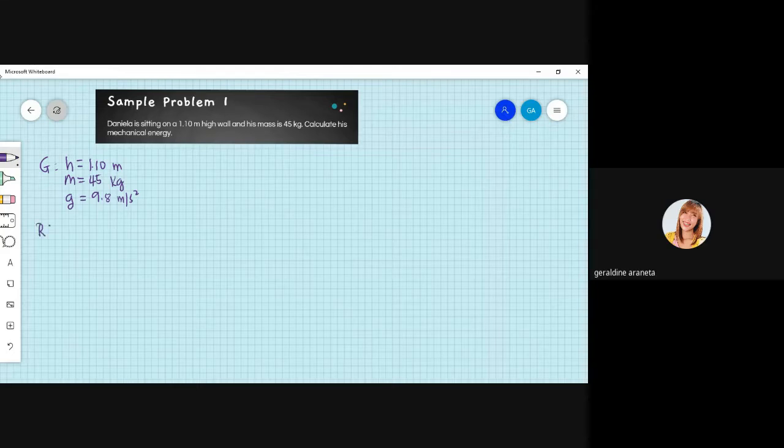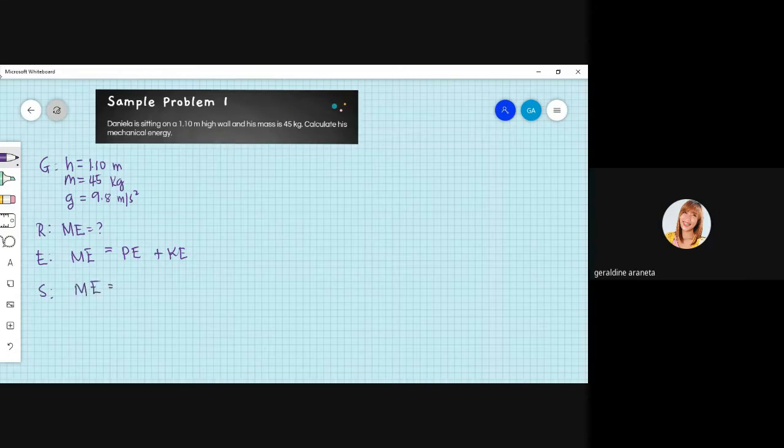We are required to find the total mechanical energy for this problem. For the equation, that will be ME is equal to PE plus KE. Alright, then finally, we can substitute this for us to solve.